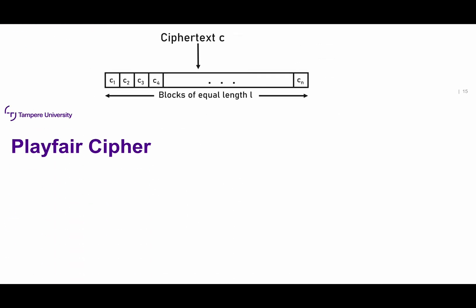Good. So the Playfair cipher. This is the first historically documented example of what is known as a block cipher, and it was used by the British military through World War I. So let's see how this cipher works. First of all, we need to generate again our secret key K, which can be any kind of word.